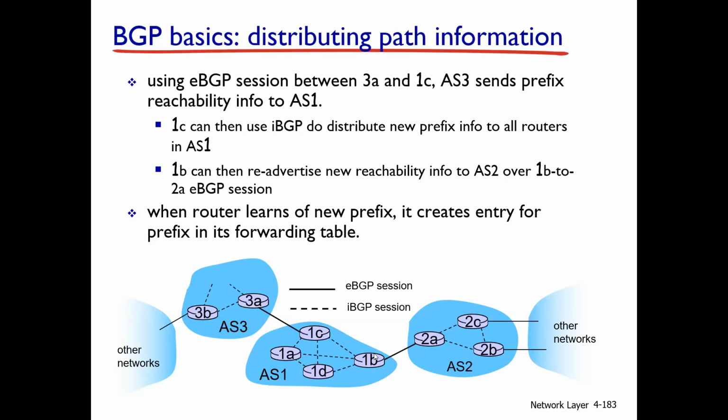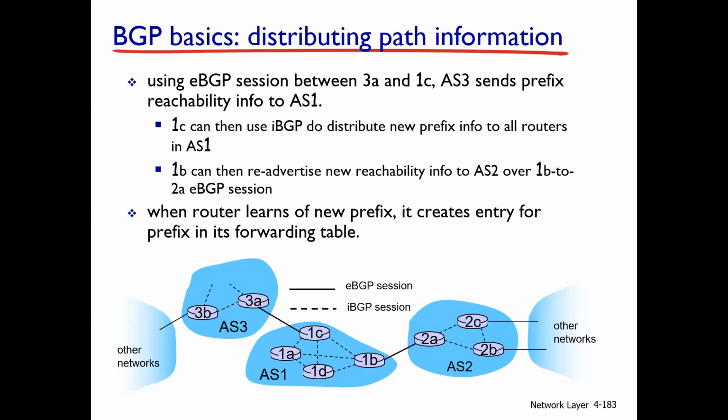And it then propagates that information, that you can get to AS1 as well as to AS3 and all these other networks beyond, through this border gateway router over here, and all of this information reaches 2A, which then internally disseminates it through IBGP sessions throughout its own AS and so on. And that's how this reachability information is percolated through the entire internet.